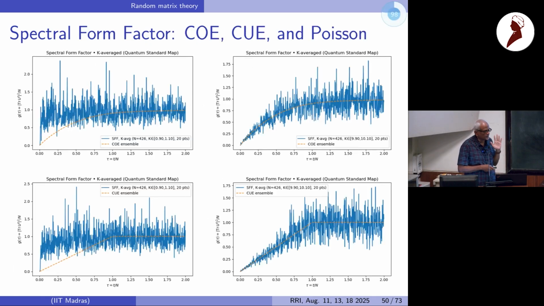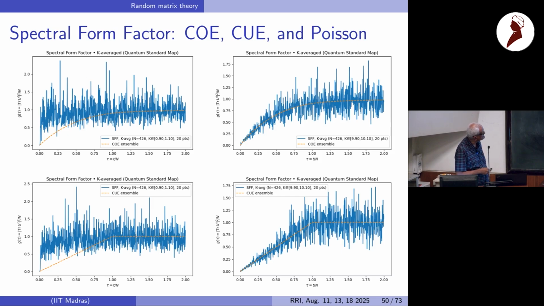For example, I have taken an average over k. This parameter k, I've averaged over a small range so that the dynamics doesn't change a whole lot. Here I've taken k between 0.9 and 1.1, with 20 values of k, and averaged this quantity over that. Now, n is 426.